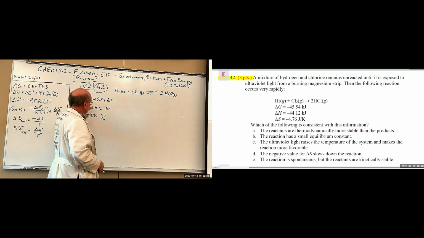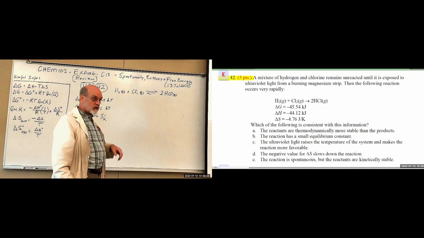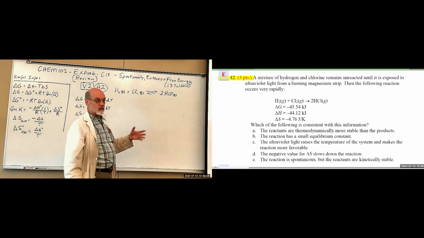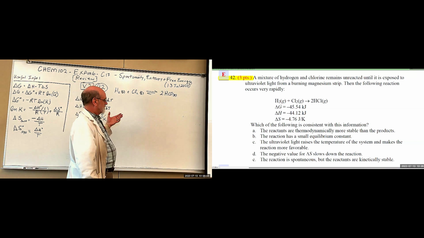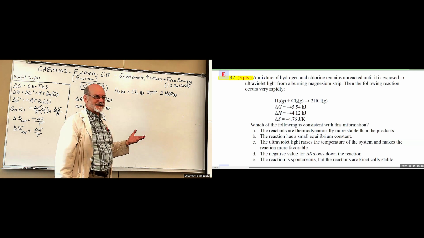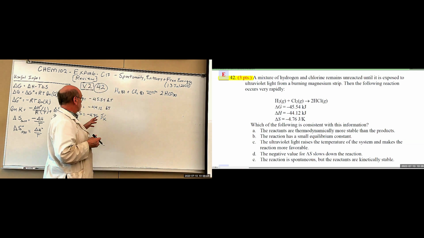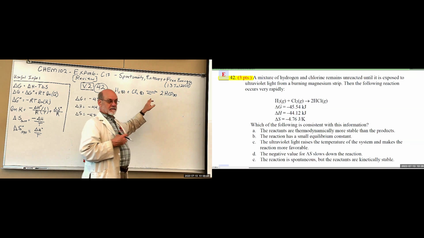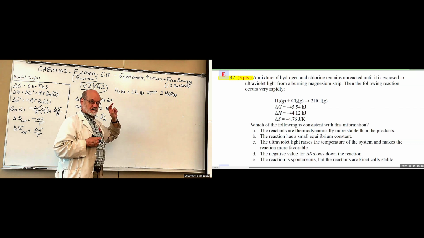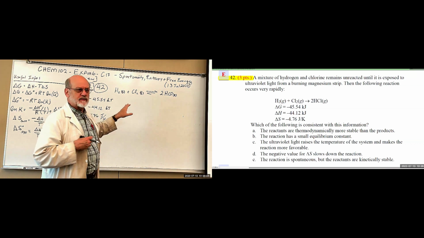It is spontaneous from left to right. It will go from left to right eventually, but maybe not in our lifetime, right? So we've got two things going on here. One is the equilibrium, which says, yeah, it's spontaneous from left to right, but until we shine the ultraviolet light on it by, say, burning a magnesium strip.